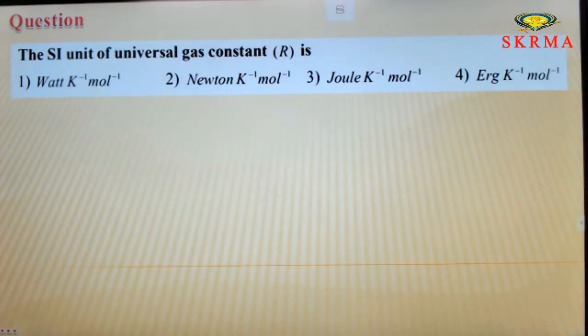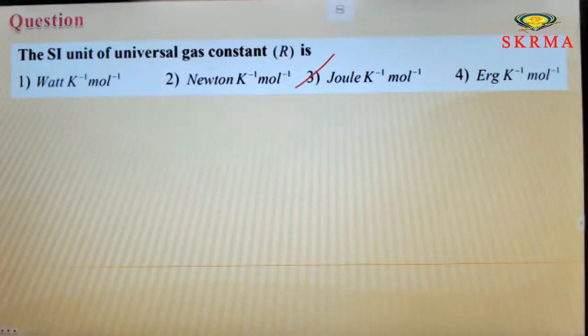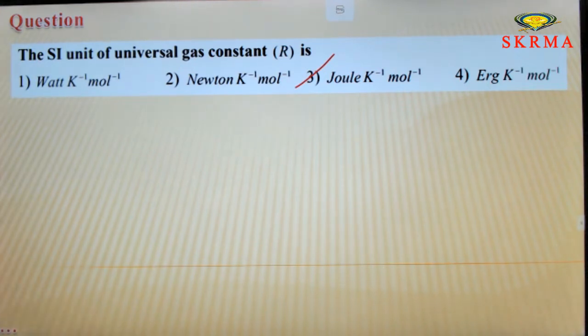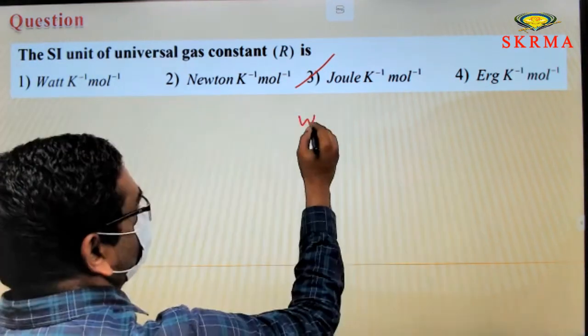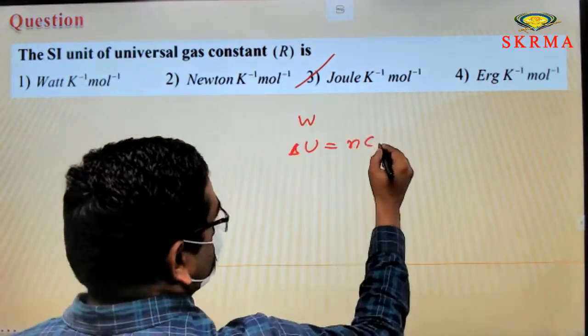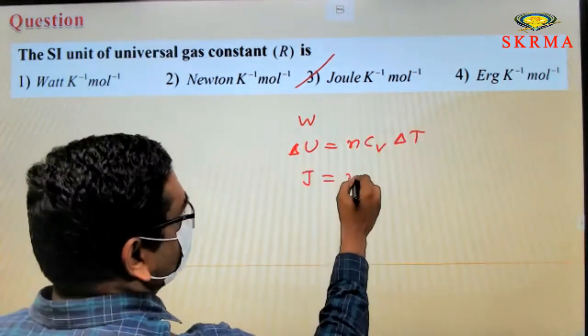Next, SI unit of universal gas constant. From PV equal to nRT, try to write the SI unit. Or from the change in internal energy equal to nCv delta T, from this one also you can write. So joule, mole, Kelvin.